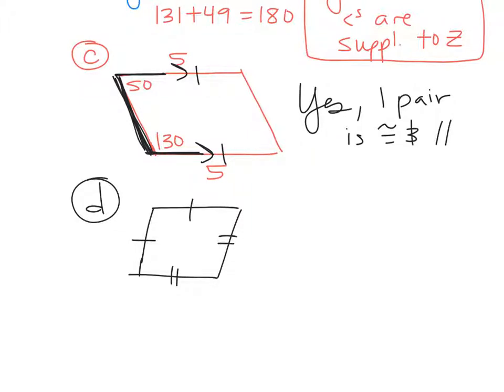Anyone know what that would actually be? Trapezoid? You'll learn about it later in this chapter. Not a trapezoid, no. It's like a diamond. It's called a kite when it's consecutive sides. So this would be no because it's not opposite sides.